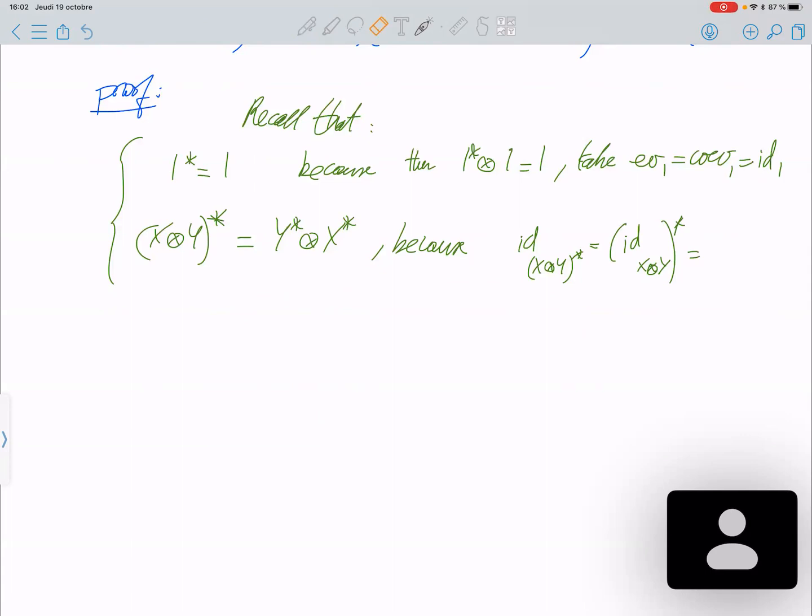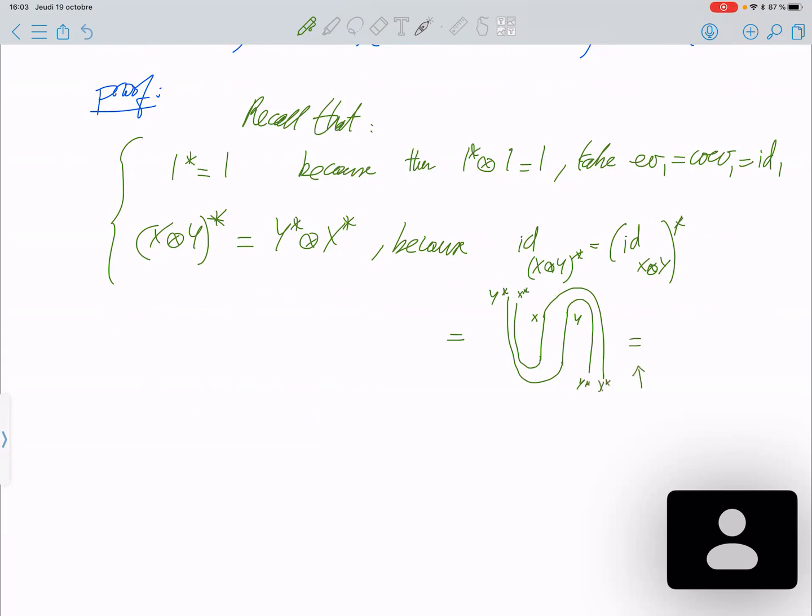It is equal to two identities, identity of X and Y, X tensor Y. Then you apply the dual homomorphism, you get Y star, X star, Y star, X star.